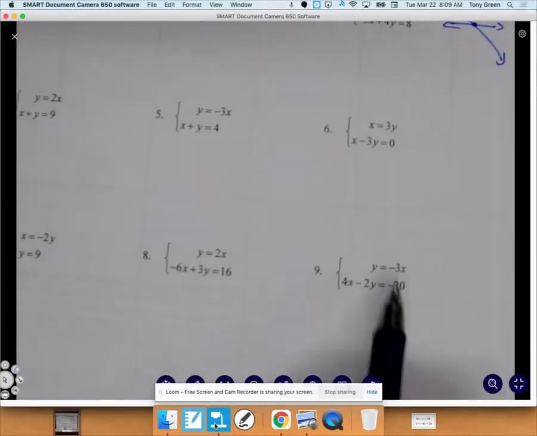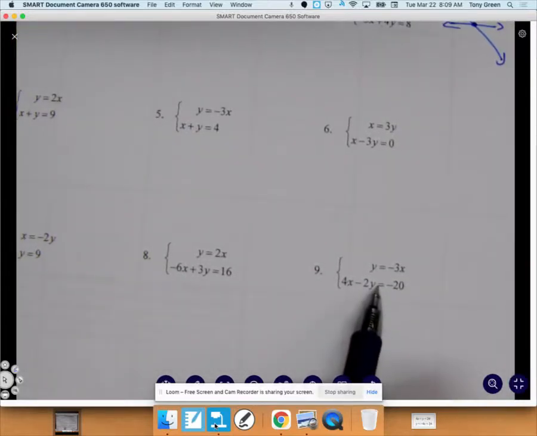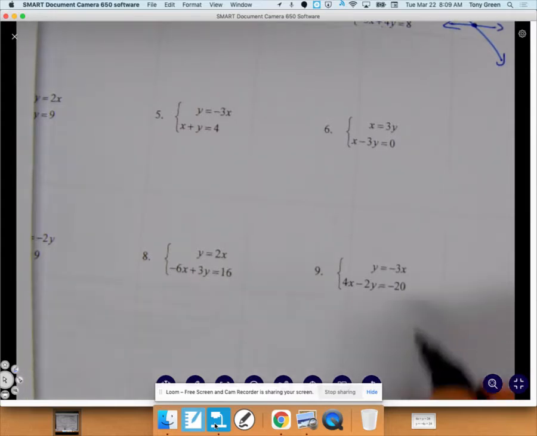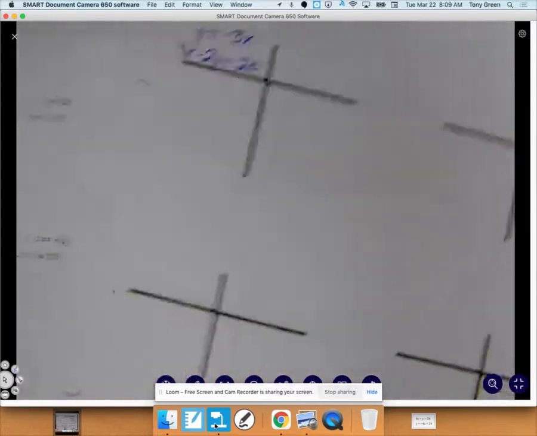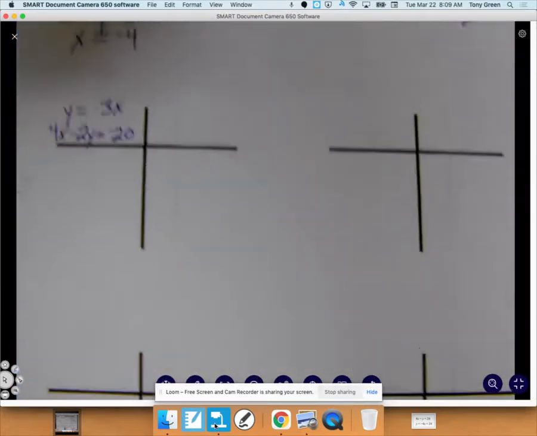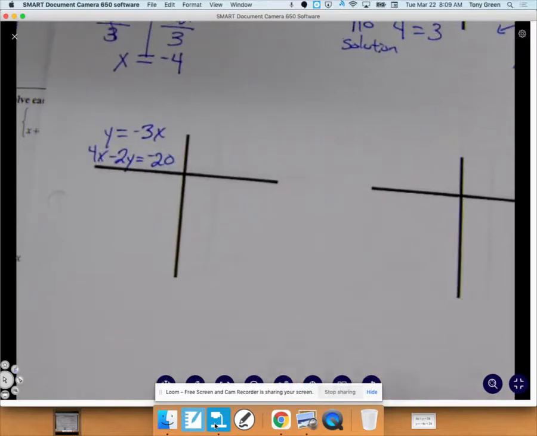problem we're going to go over is number 9. Y equals negative 3x. I'm going to write this down. Y equals negative 3x, and 4x minus 2y equals negative 20. All right, so I wrote it down. Okay, so we have a hint.